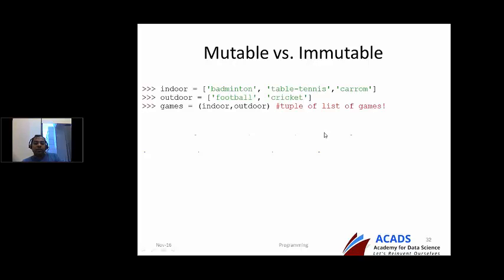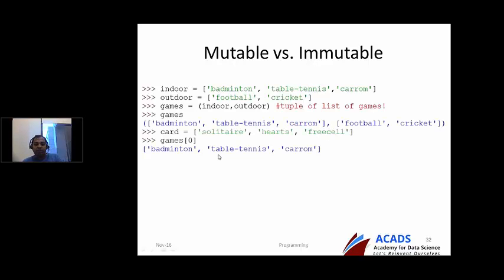Now someone asked me to modify my program and add card games as well. Even though I am doing all this in a Python shell, you can very well see a scenario where this has to be done in a program, in a script. So now I have to add card games to the tuple. At this point I have some issues. Let's just look at what games[0] gives me.